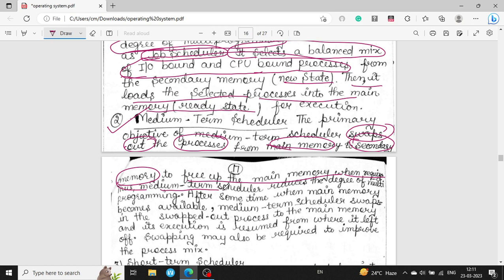Thus, the medium-term scheduler reduces the degree of multiprogramming.